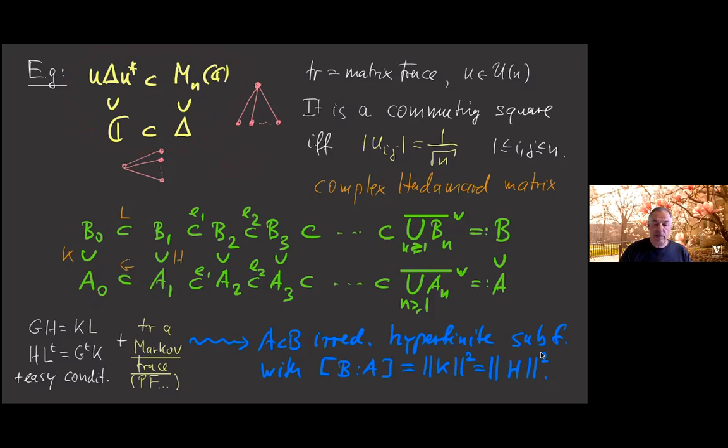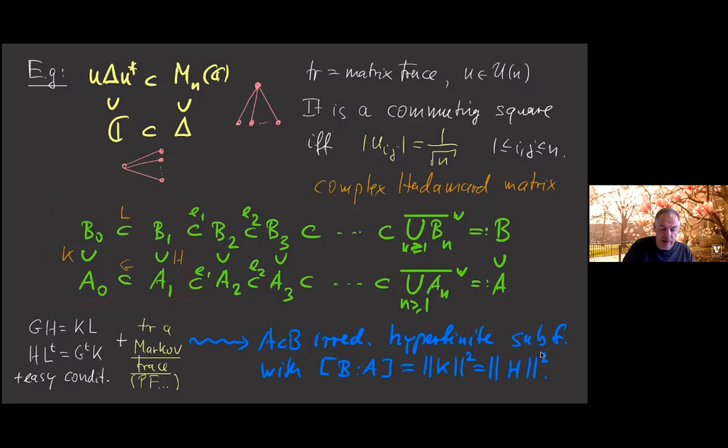All right, so this just gives you an example, and this type of structure Jones calls a spin model because the U_ij are spins in a statistical mechanical model. All right, so when you have such a commuting square, you can construct a subfactor from it. Here is your commuting square that you start with.